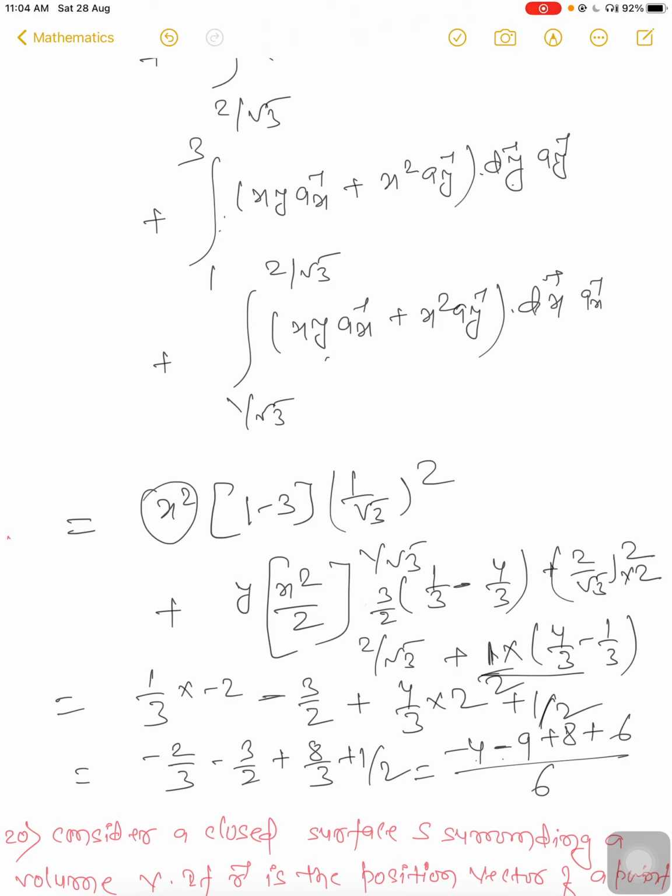Now we will get the right answer, 1 by 2. Oh, missing. So then here 6 is common, and after that 4 to 9, and here 16, and 16 and 6, 22.